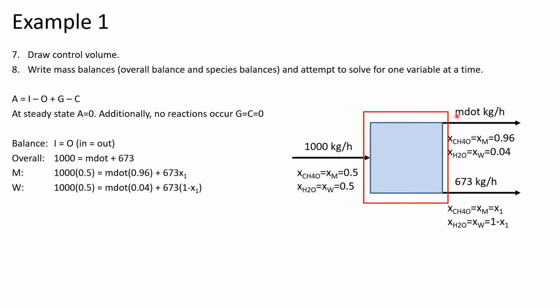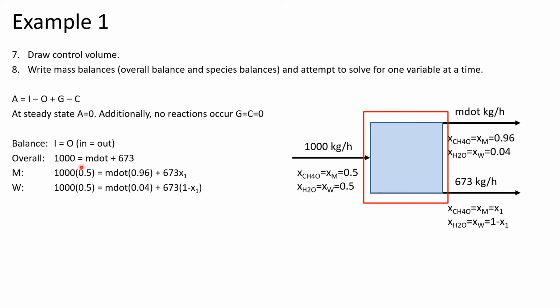We keep on going around our control volume. The next flow out is the bottom stream here. Its total flow rate is 673 kilograms per hour. We'll put that also on the right-hand side and add it to the flow rate of the top stream. If we keep on going around our control volume, we come back to where we started, to the input.